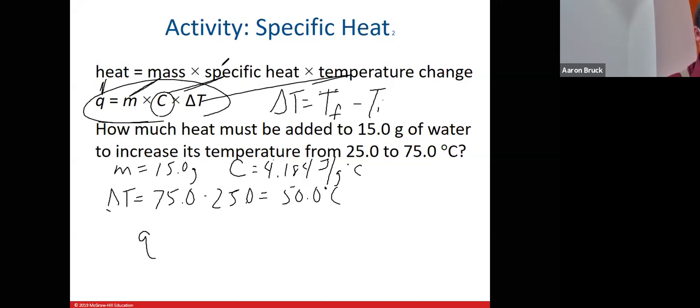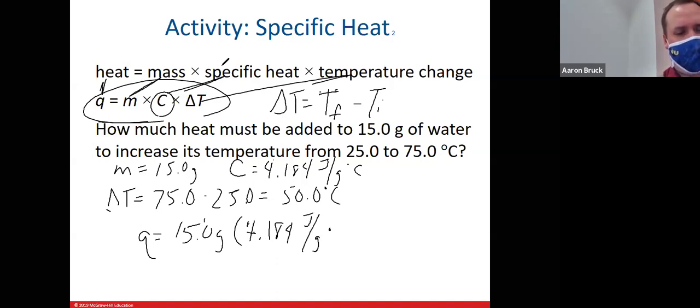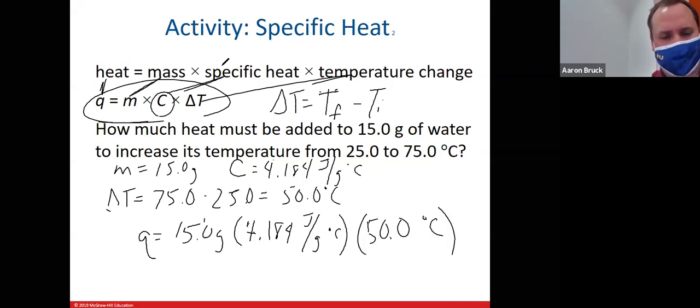So all told, I put those values in: 15.0 grams multiplied by 4.184 joules per gram degrees Celsius multiplied by 50.0 degrees Celsius.